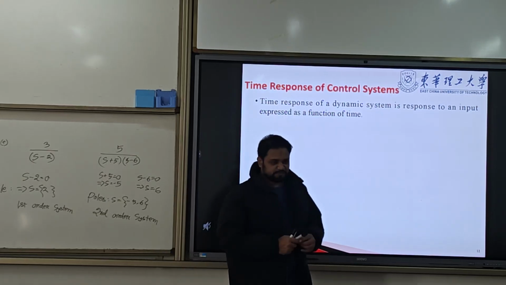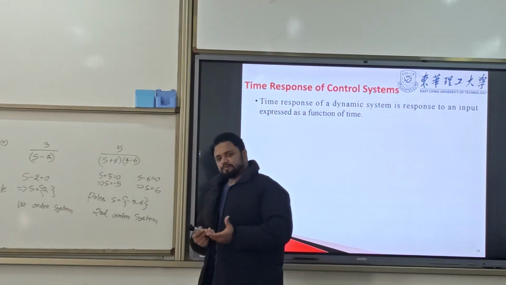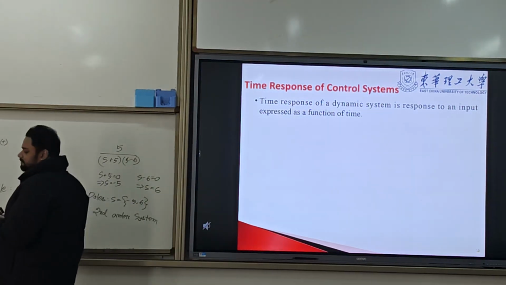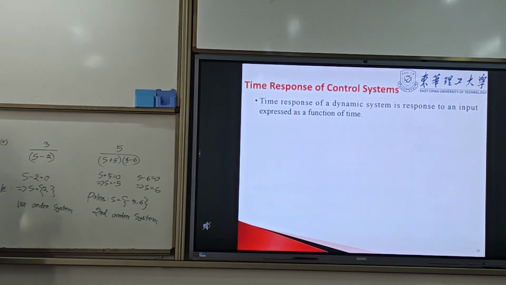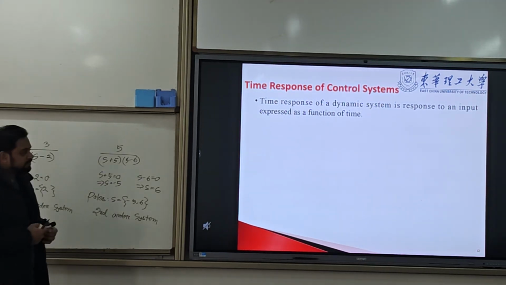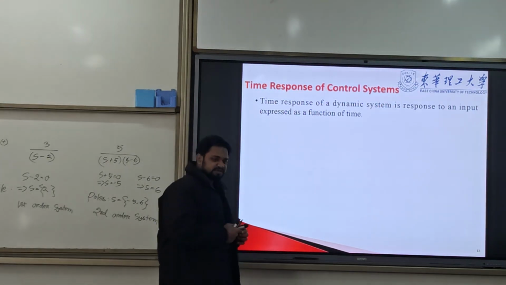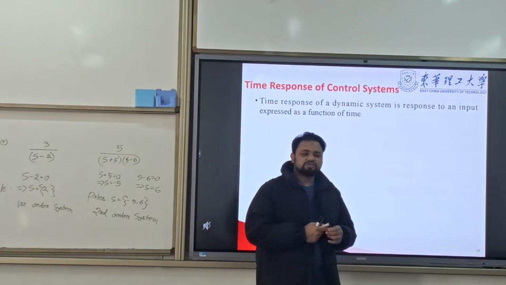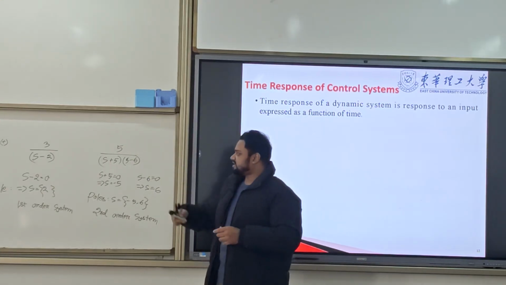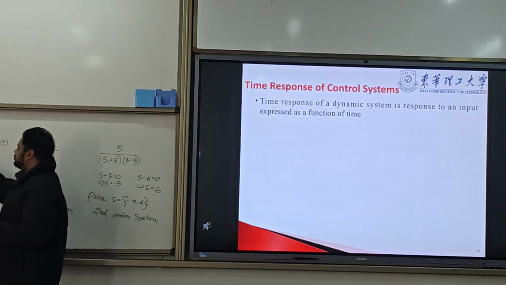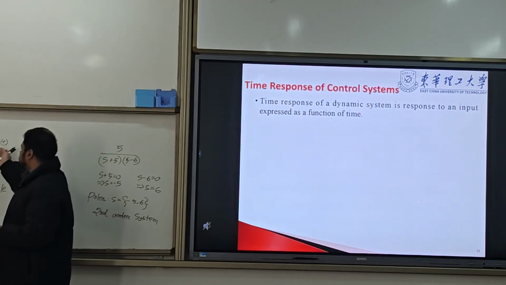Now the time response for a dynamic system. Time response means: if the input is given as a function of time, what is the response in the output side of our dynamic system? Suppose this is xt. What is the response? How do you find it?